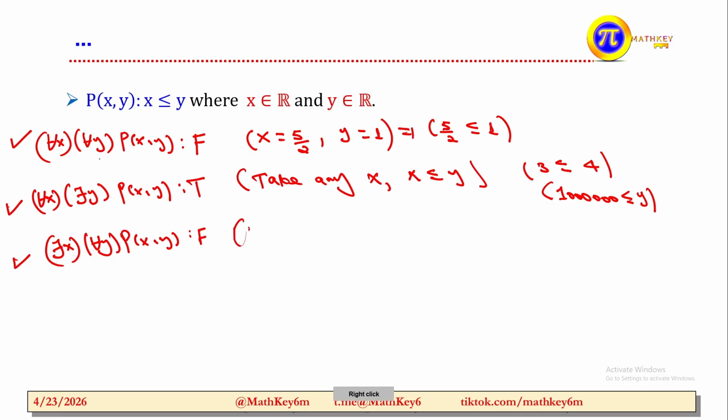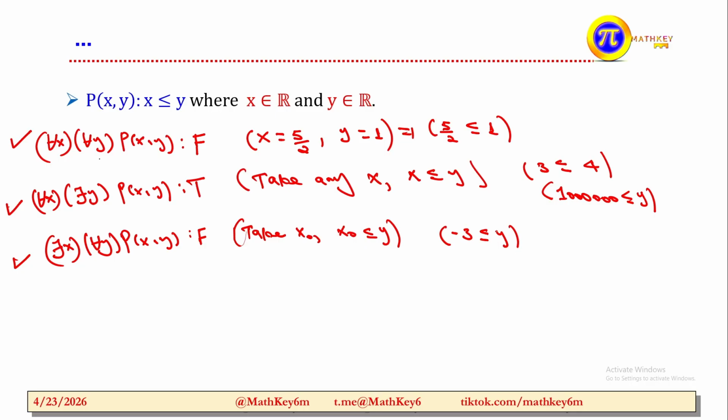That means take any x naught. This means x naught is less than or equal to y. We can't find one x naught that satisfies such a property for all y.